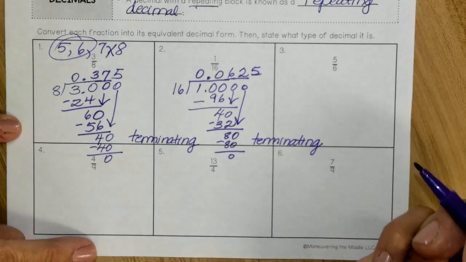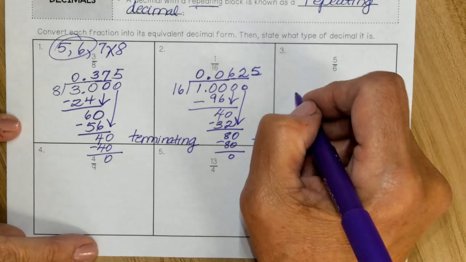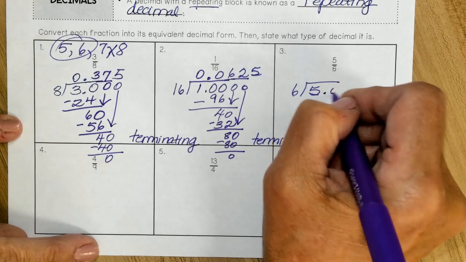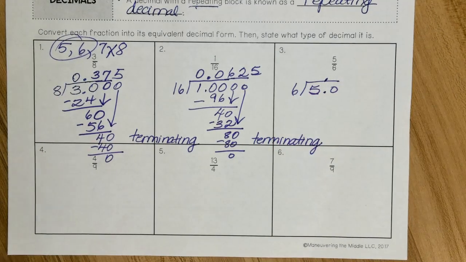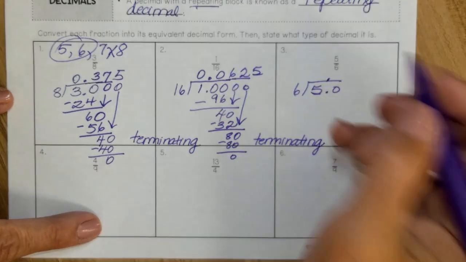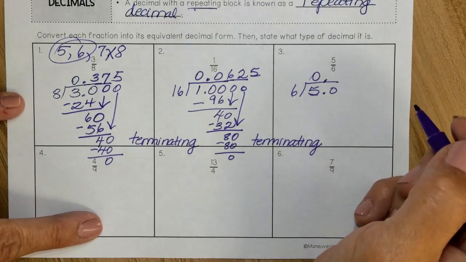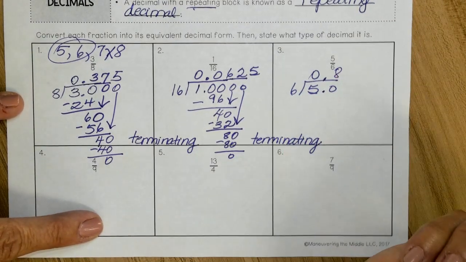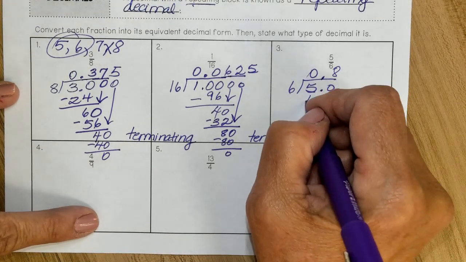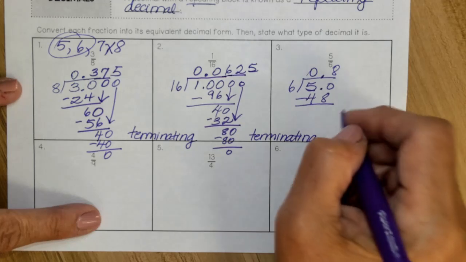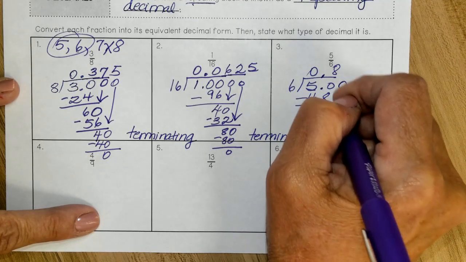This one is 5/6. How many times does 6 go into 5? Well, it doesn't, does it? How many times does 6 go into 50? 8, which is 48. Subtract that and we get 2. Add a 0, bring it down.